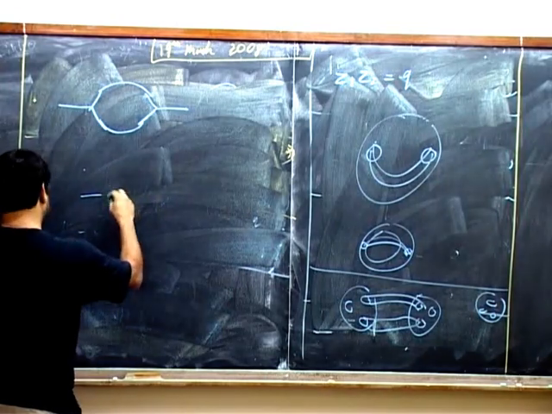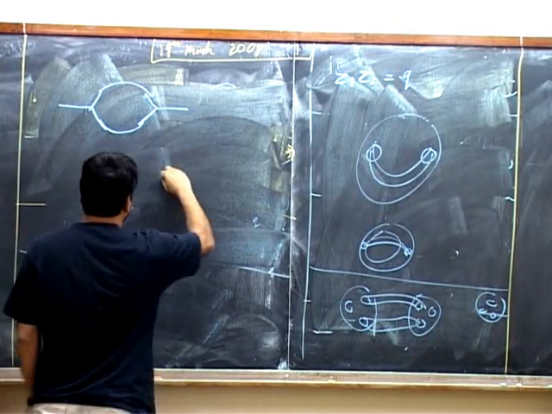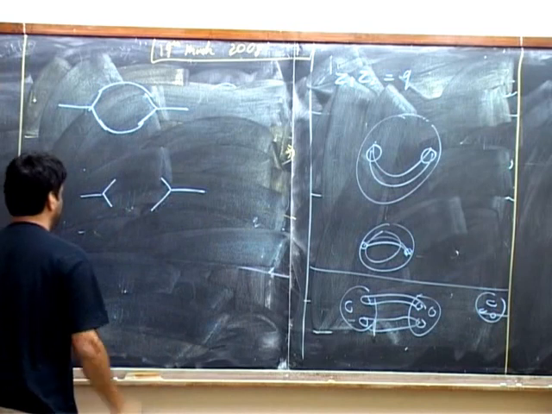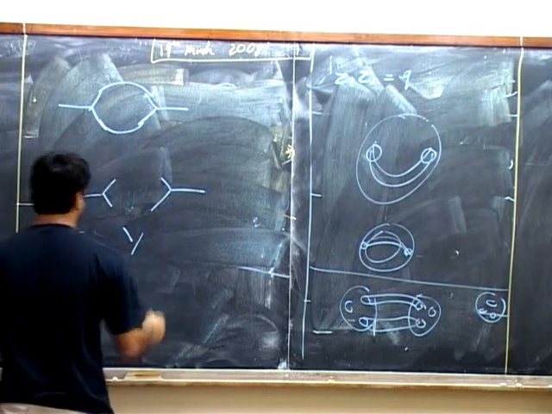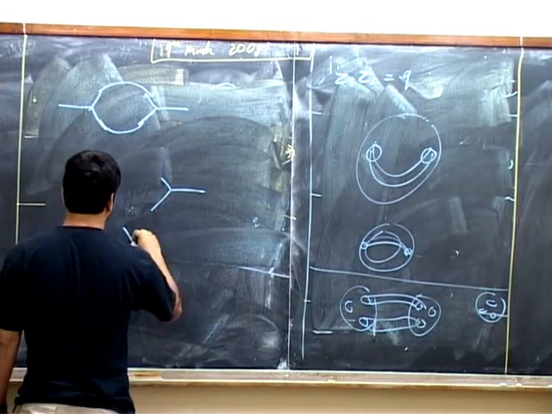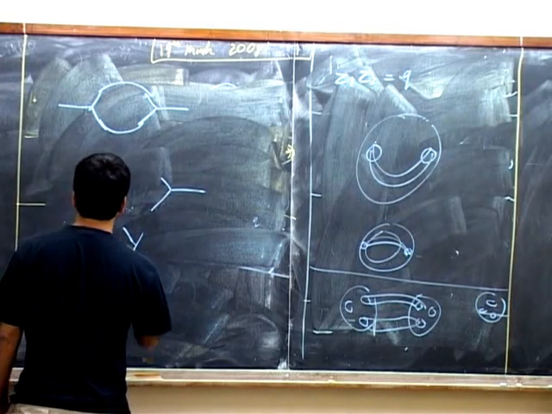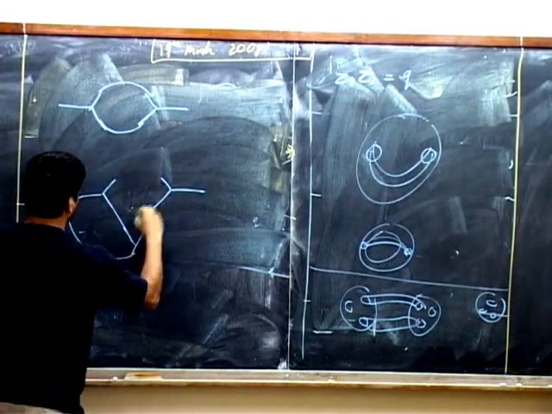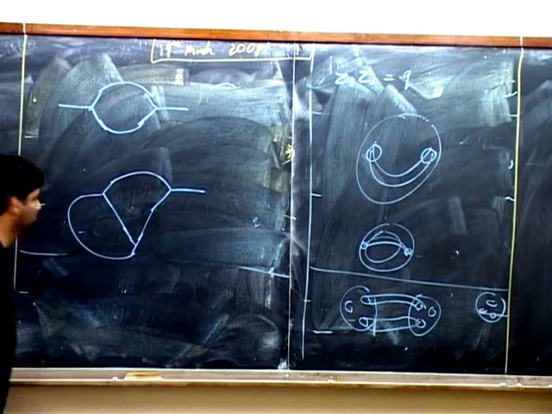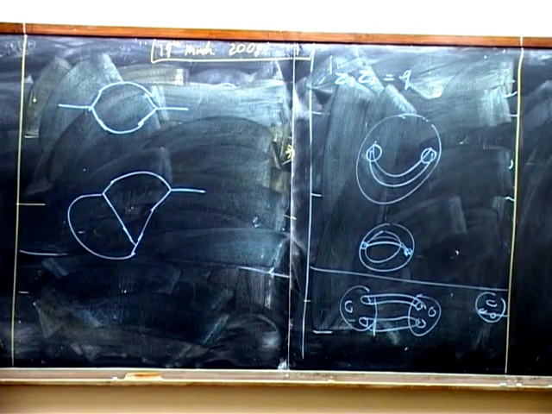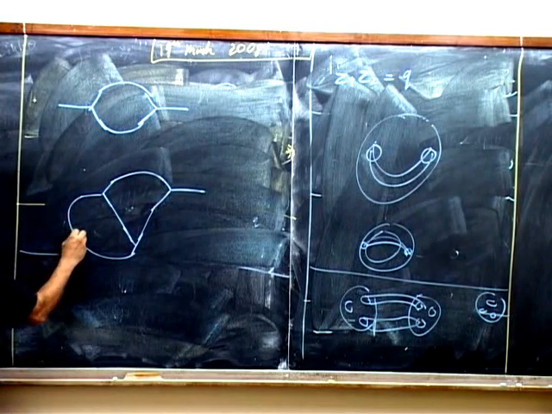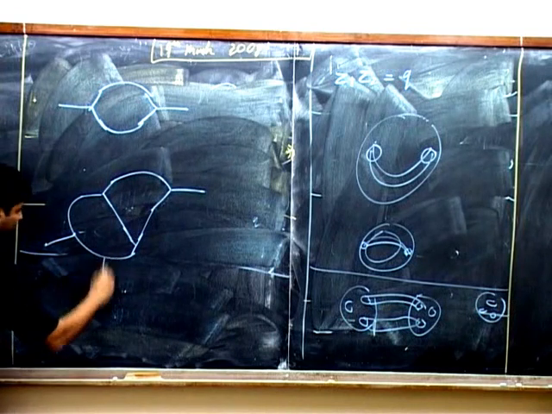Suppose you have something like this, and then something like this. All you have to do is make a 2-loop Feynman diagram. That would be a genus 2 surface with one point marked. If you want more points marked, you split this up in 2.